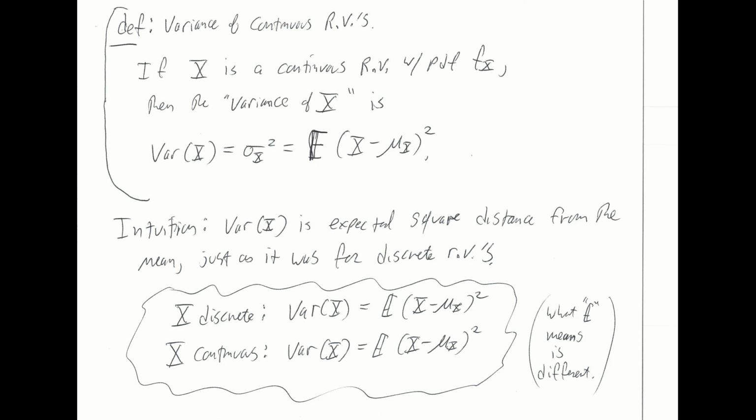It does not vary much. If it is a high variance random variable, then you are not at all surprised to see the values that are observed actually differ in a significant way from the mean. You expect large square distances from the mean for high variance random variables.